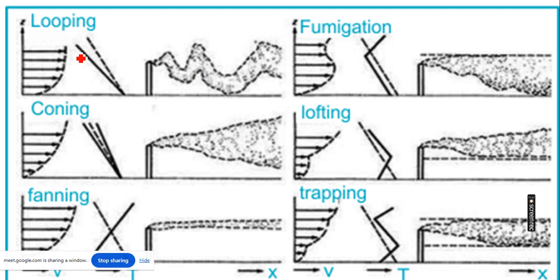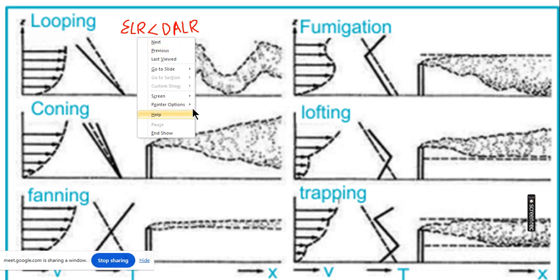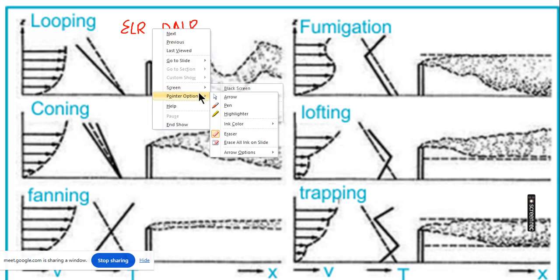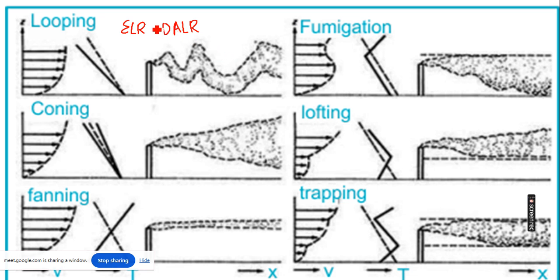From this, we can see that the solid line has a higher slope compared to the dashed line. Sorry, the environmental lapse rate value is greater than the dry adiabatic lapse rate.